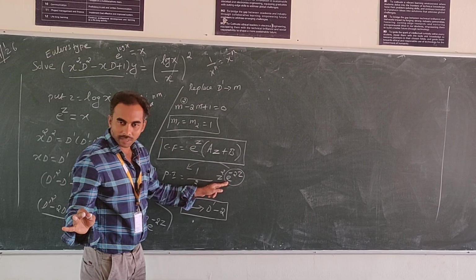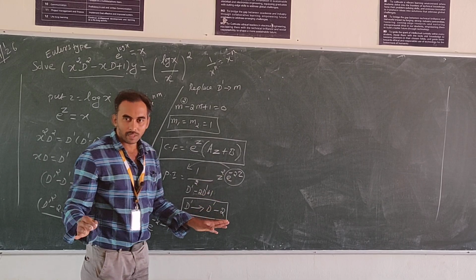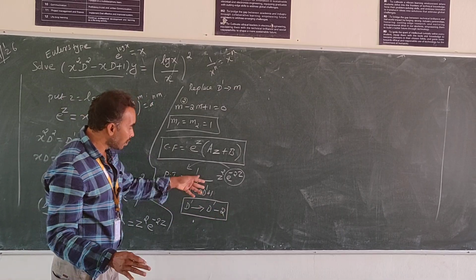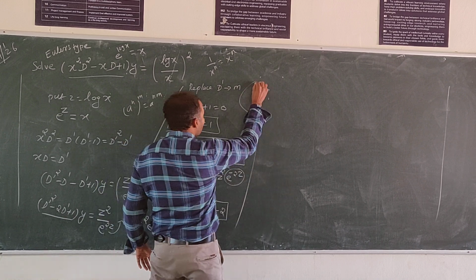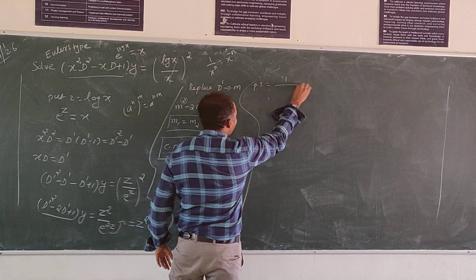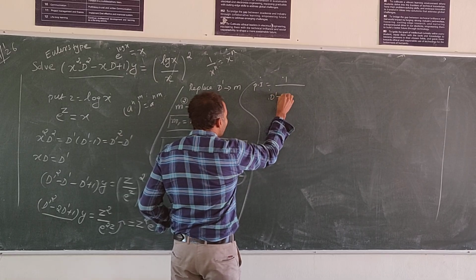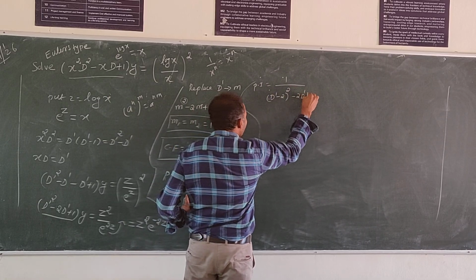But here two functions are combined. So this is the type. Actually it is the fourth type. Just learn that. Replace it. So the particular integral will be 1 divided by, instead of D' we apply (D' − 2)² − 2(D' − 2) + 1.